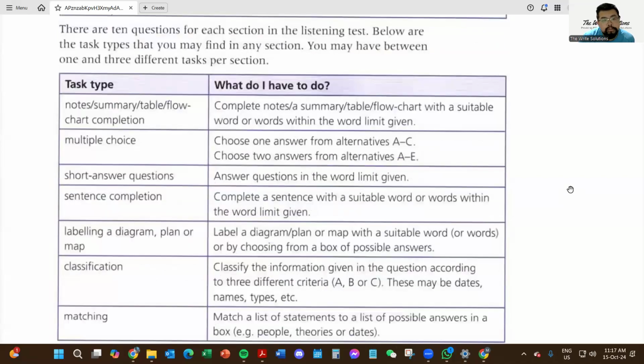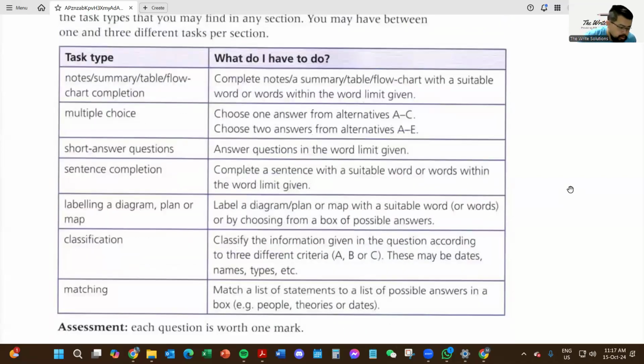Now, the first type of question is going to be the most common. Not only that, it's going to be most common for section 1. For example, notes, summary, table, flowchart, completion. This is to complete notes, a summary, or table, flowchart with the suitable words within the limit given.